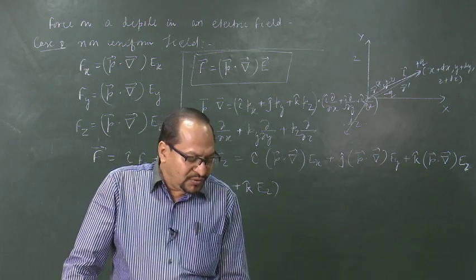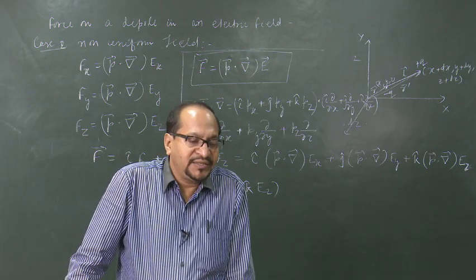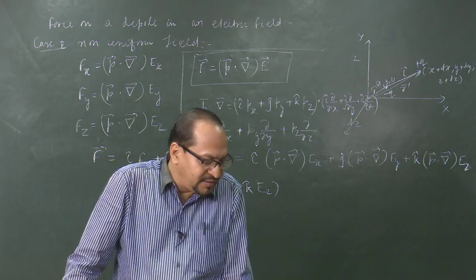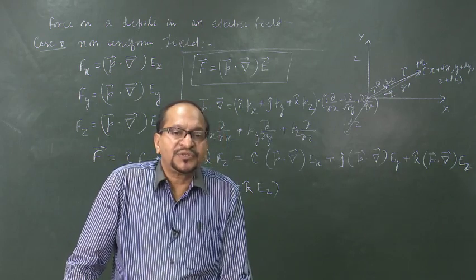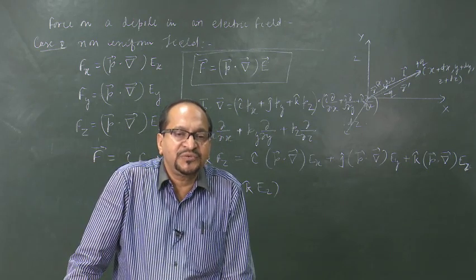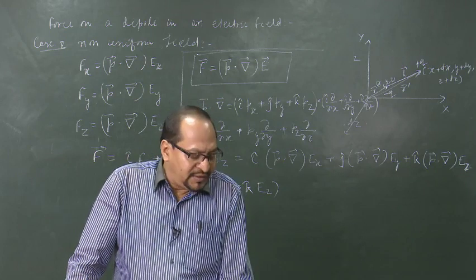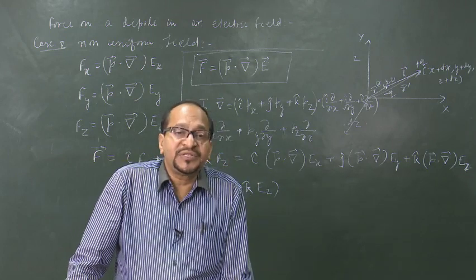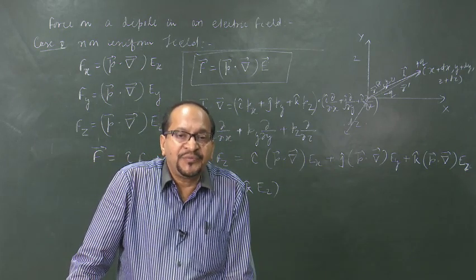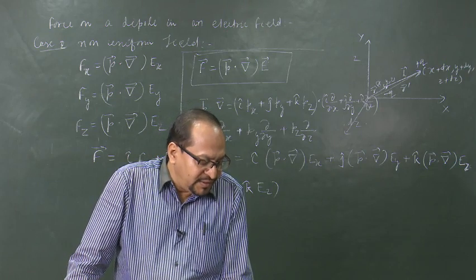So, we will now discuss the total potential energy of n number of charges placed in a region, and then of course the potential energy due to a continuous charge distribution, instead of a discrete charge distribution. And then our dipole is also a system of two point charges, so it will have a potential energy when it is placed in a uniform electric field.